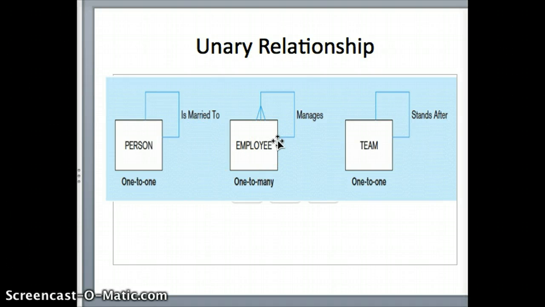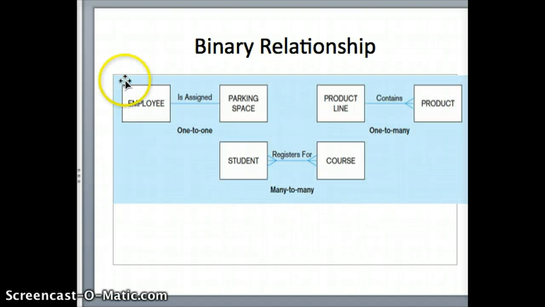In the second example, "manages" is shown as a one-to-many relationship between instances of the employee entity type. Using this relationship, we could identify that the employee reports to a particular manager. In the third example, sports teams are related by their standing in their league, so it is a one-to-one relationship.